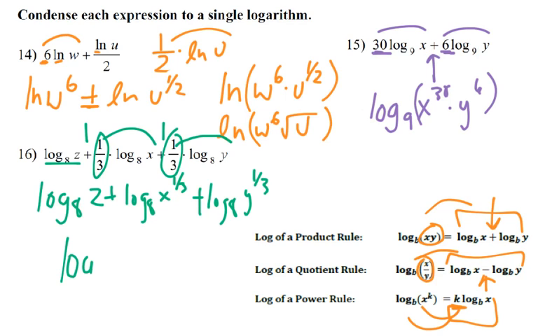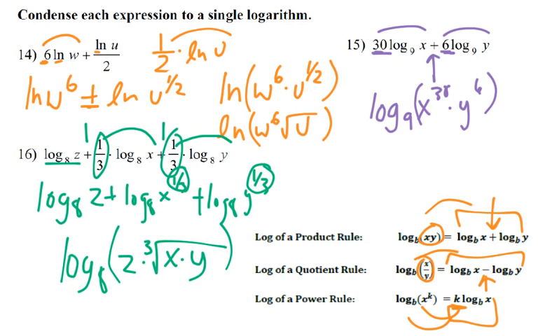So that becomes log base 8 of z times, now, x is 1/3, y is 1/3. That's cube root, right? So I can just put them together inside that cube root, just like that. That's probably the easiest way to do it.